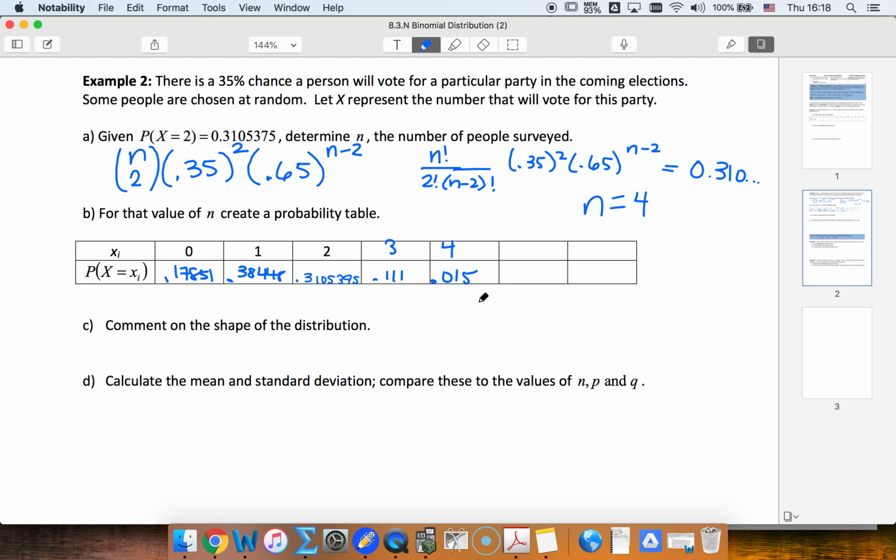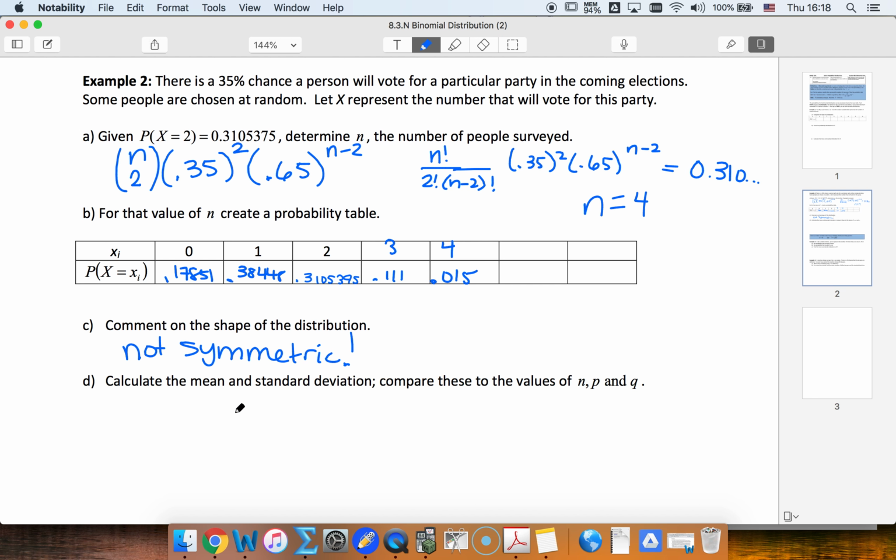So if I look at this, this is not a symmetric distribution like I had last time with getting heads in 6 coin tosses. Instead, this one appears to be skewed with more data on the left-hand side, so I say that that's a positive skew. The main fact here, though, is that it's not symmetric, so not every binomial distribution is symmetric.